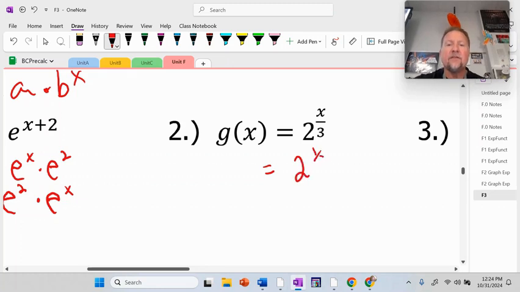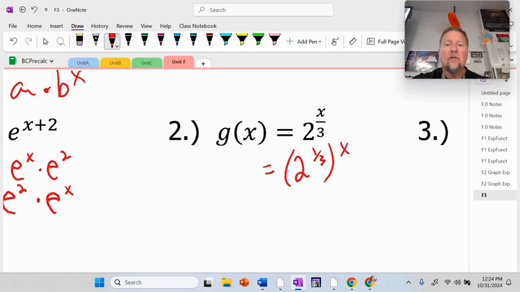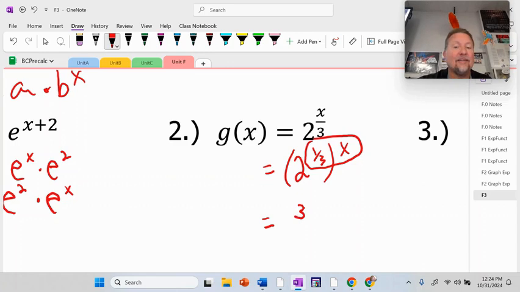You know what this one is? Wait a minute. What am I supposed to do with these exponents? Multiply them. Is 1/3 times x, x over 3? Okay, what's 2 to the 1/3? Cube root of 2 to the 1st.